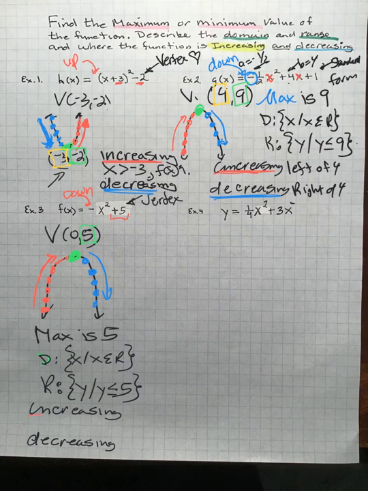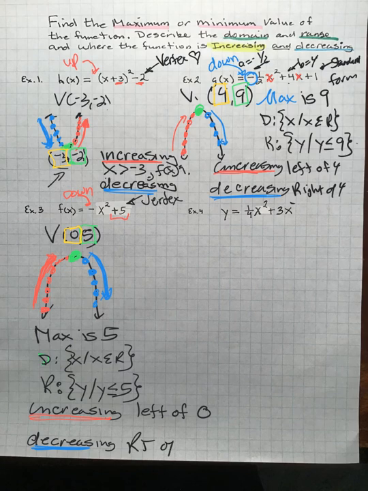So when is it increasing? It is increasing when it's to the left of the vertex. So instead of saying left of the vertex, we're going to say left of 0. And when is it decreasing? It's when it's on the right-hand side, to the right of the vertex.